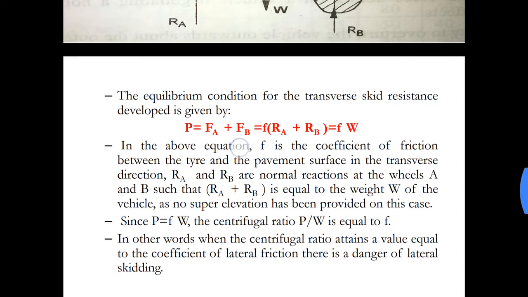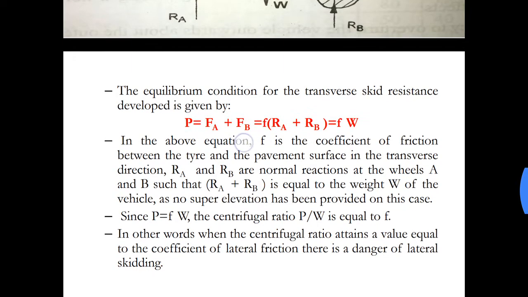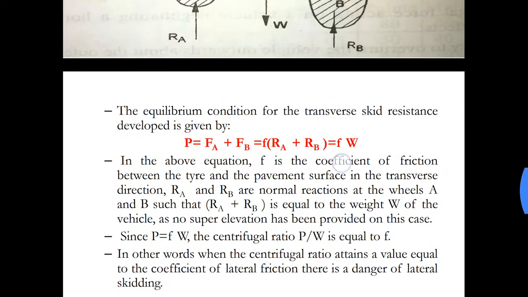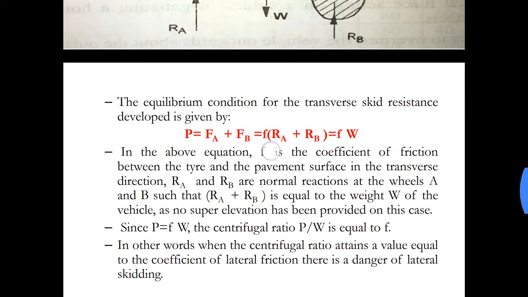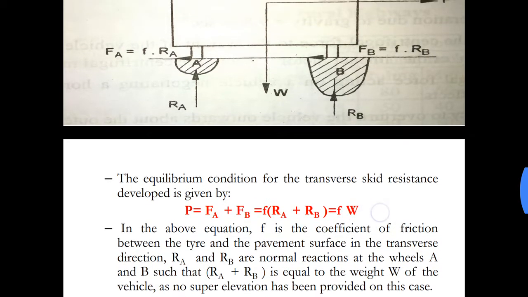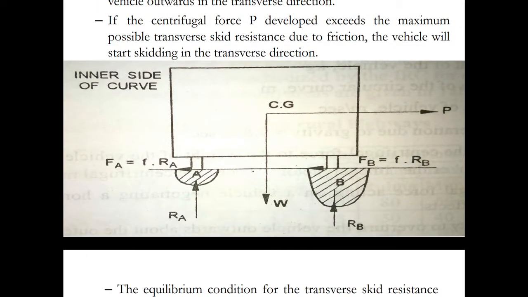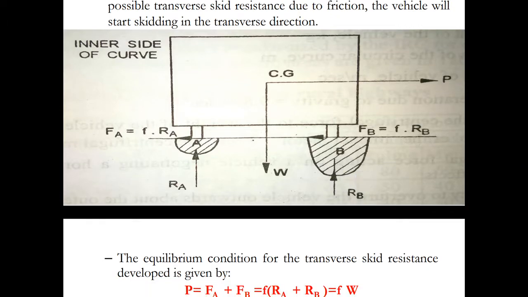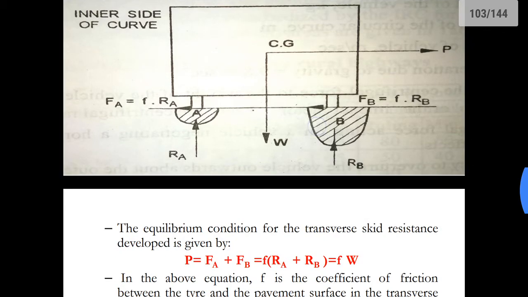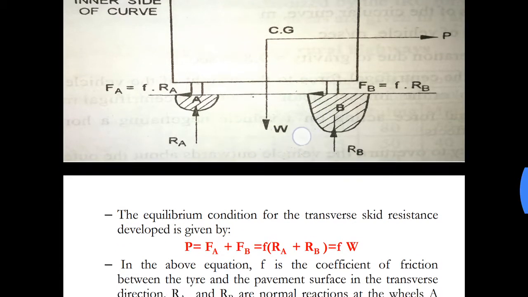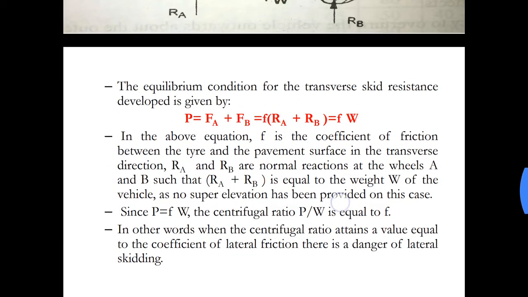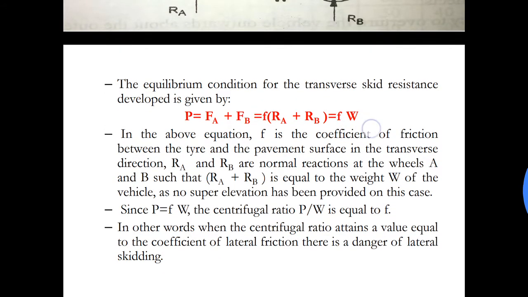We split Fa as small f into Ra and Fb as small f into Rb, taking small f, the coefficient of friction, common. Then Ra plus Rb can be written as W. Ra plus Rb are the forces acting in the upward direction, which is nothing but the force W, the weight of the vehicle acting in the downward direction. Hence P is equal to f into W.